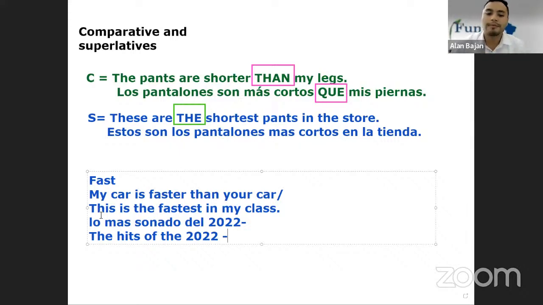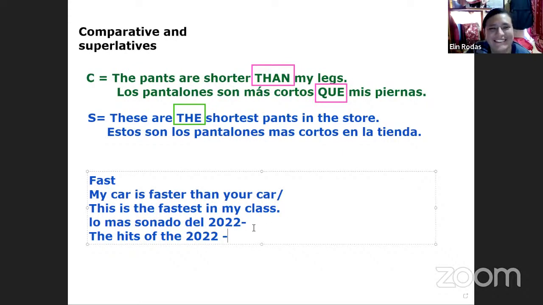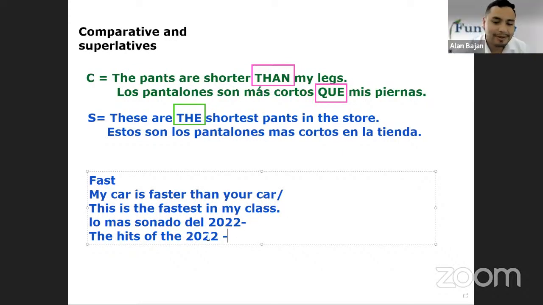Lo más sonado del 2022, señoras y señores, es Cristian Nodal. But in English is the hits of the 2022 are blah, blah, blah, Cristian Nodal.